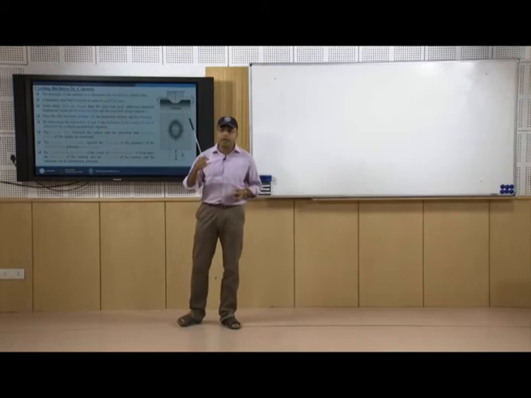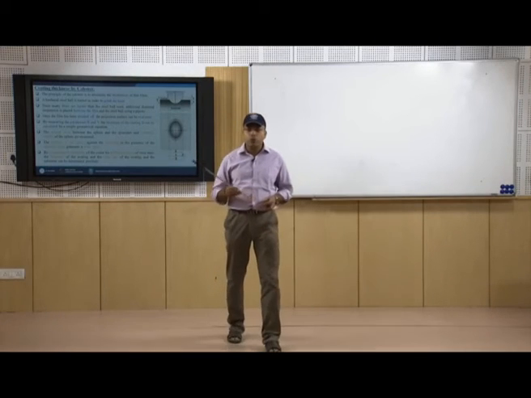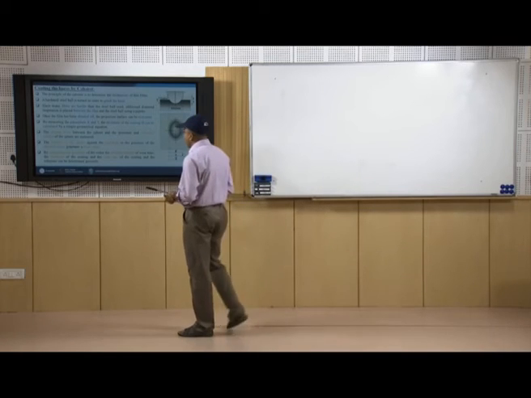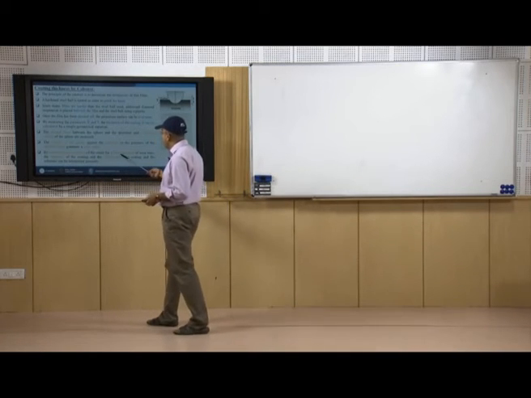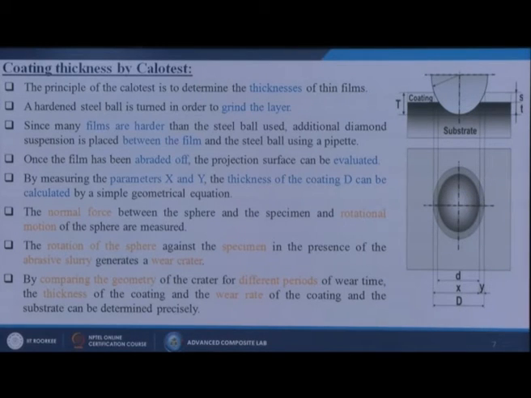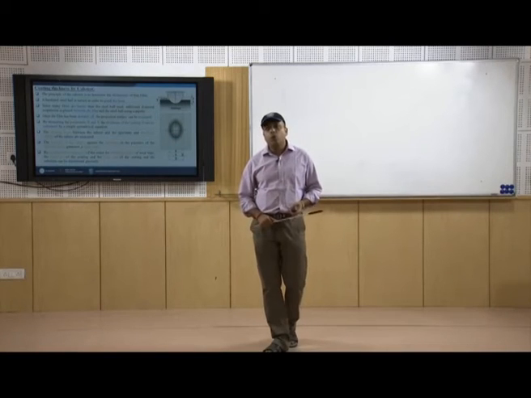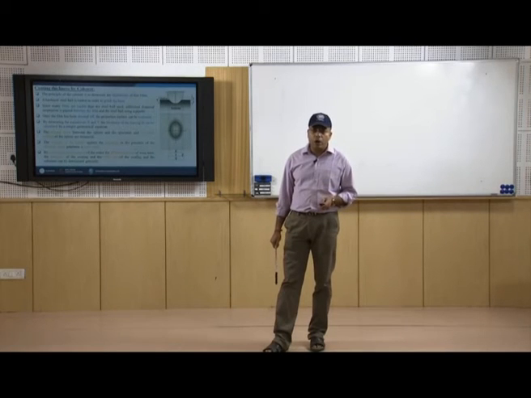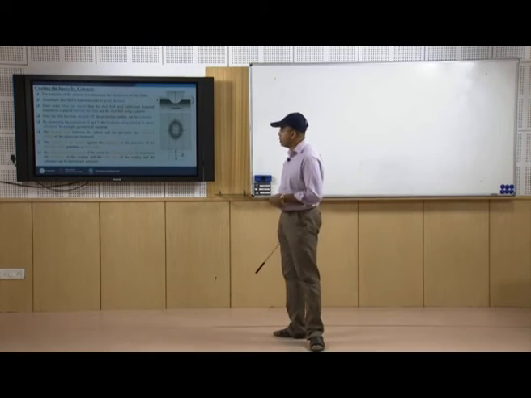Sometimes we use abrasive particles, sometimes diamond particles. By comparing the geometry of the crater for different periods of wear time, the thickness of the coating and the wear rate of the coating and the substrate can be determined precisely. So by the Calo test method, we can easily determine the coating thickness of our materials on the substrate itself.